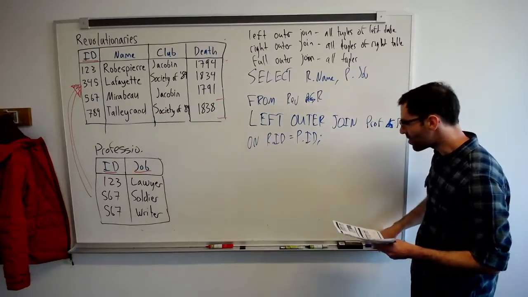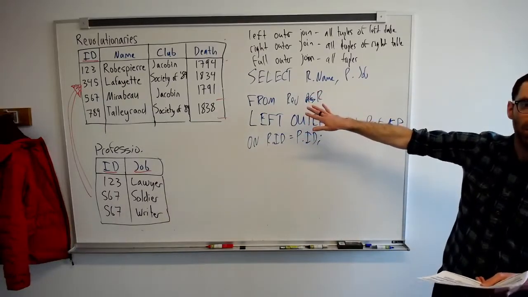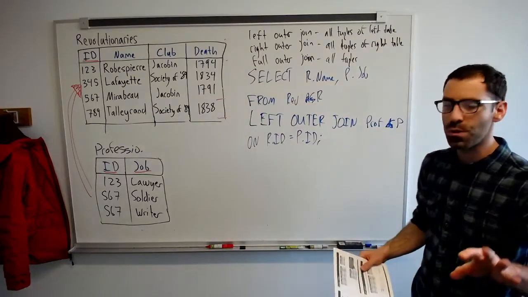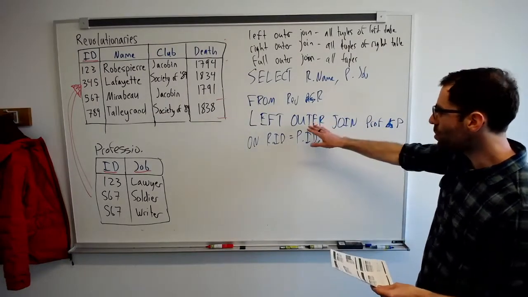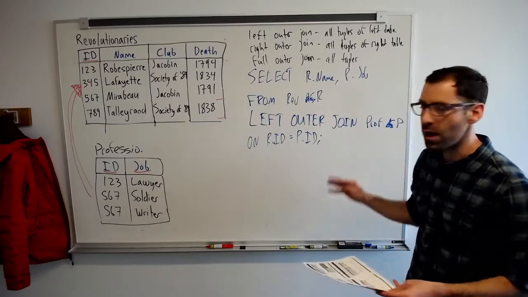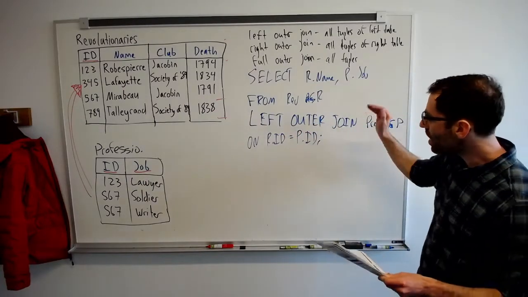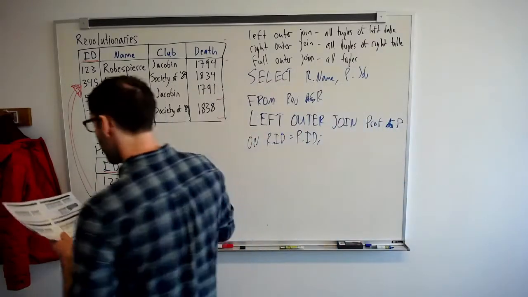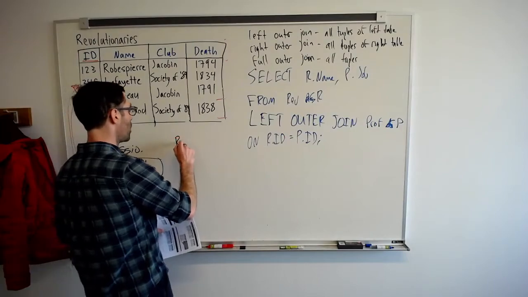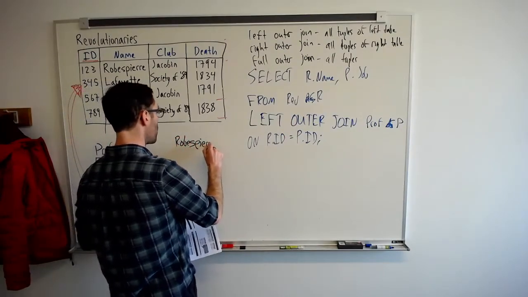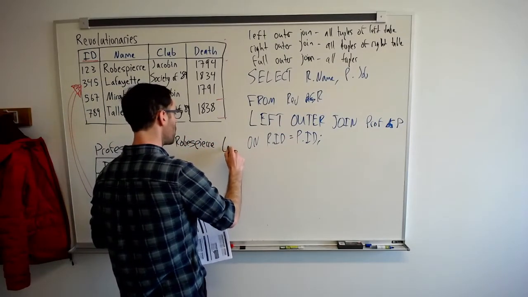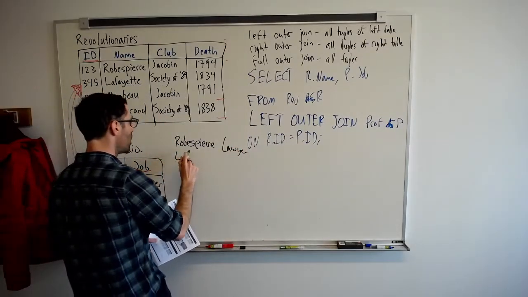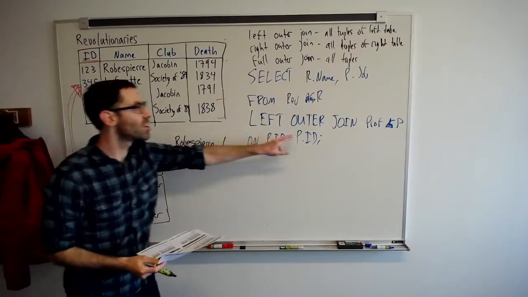And this, in the explicit versus implicit that I showed earlier, that's just when we want an inner join. When we want an outer join, we're going to need to spell it out explicitly that we want an outer join. And this would give us something like we have Robespierre, who was a lawyer, and we would get all the tuples from the left table, right?